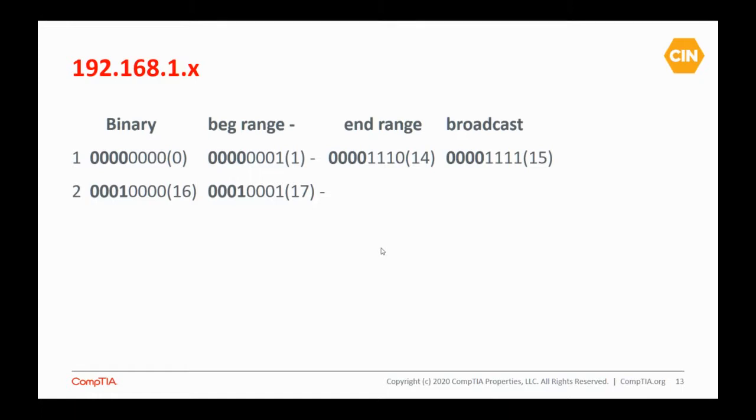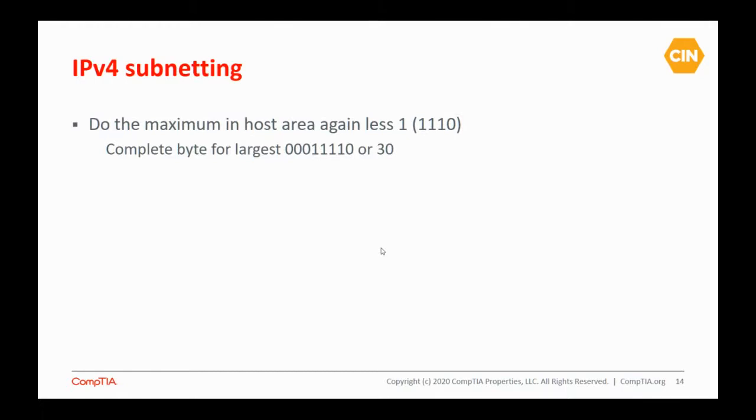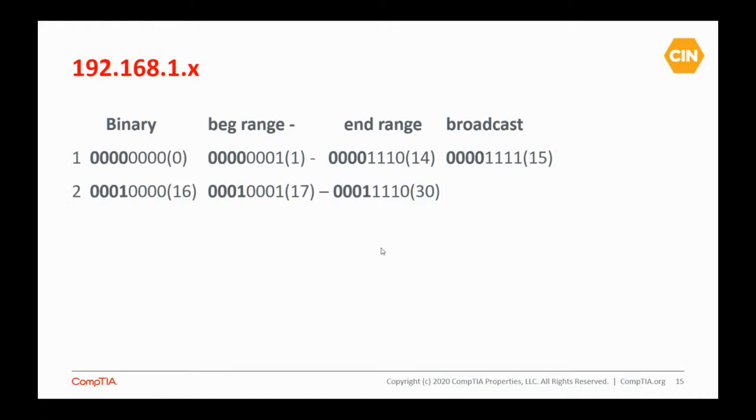So we're on subnet 2 and we've gotten that far. Now we do the maximum for the host area, and that's 1 less than if you had all binary 1s in there. So that would be 3 1s and a 0, and we end up with 00011110. And that converts to a decimal 30.